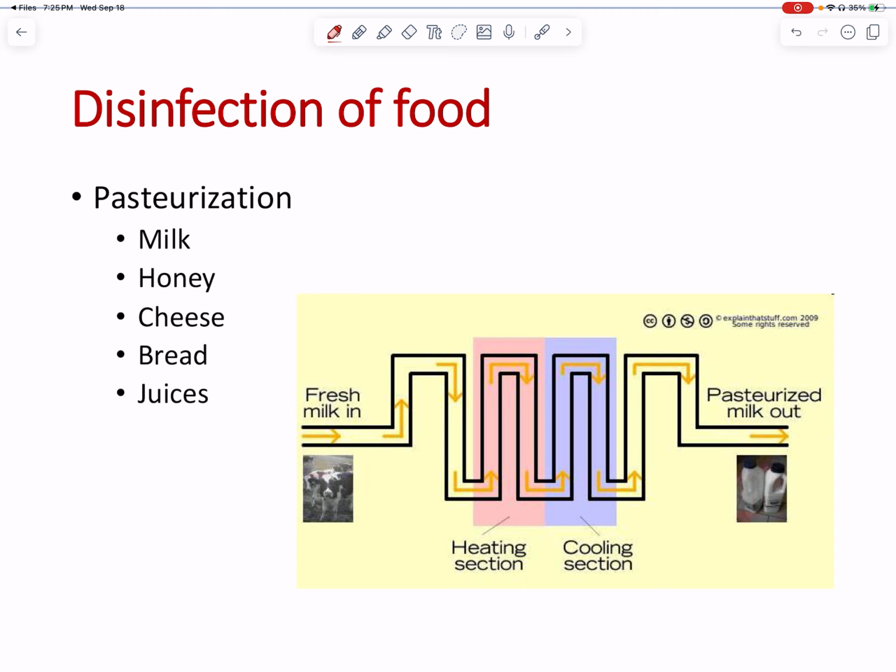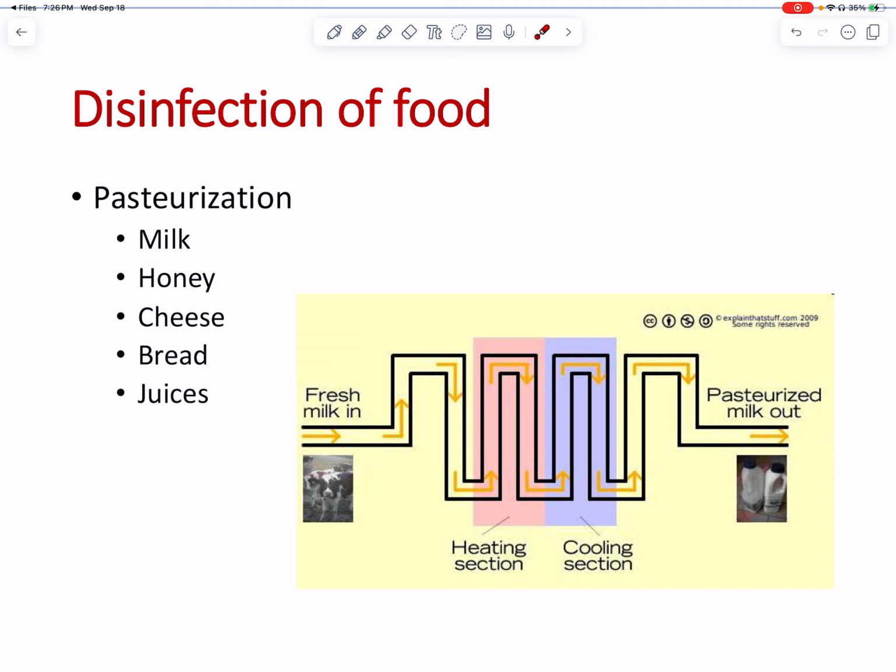And so we can see here, this is just sort of a cartoonish example of what this pasteurization process looks like. But we can imagine that we get fresh milk going into our pasteurization process over here, and it goes through a series of coils, first of which is undergoing heating. And this heating process is very quick.